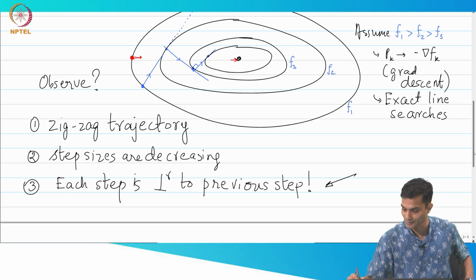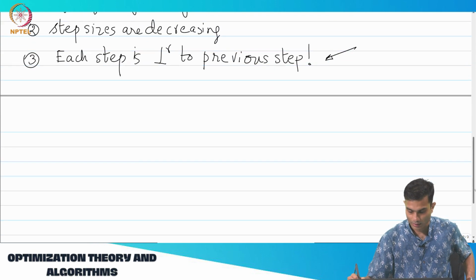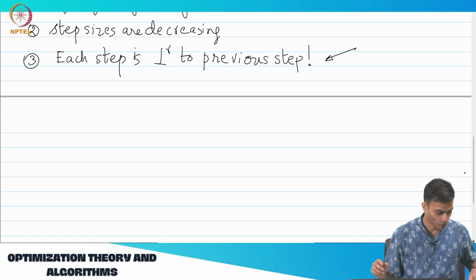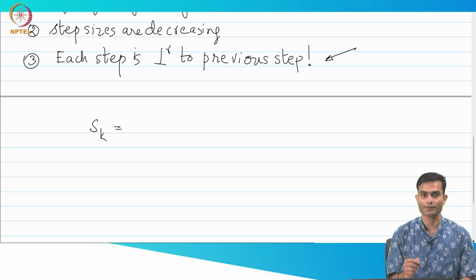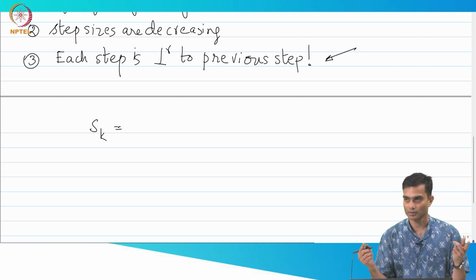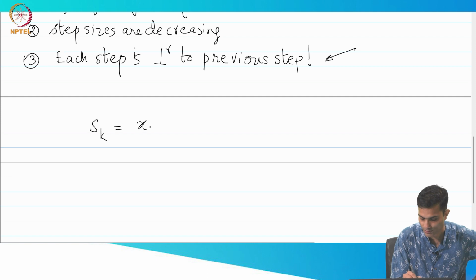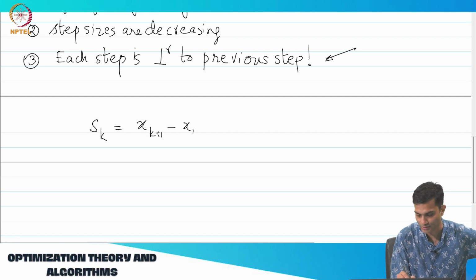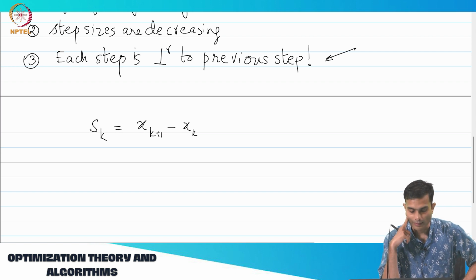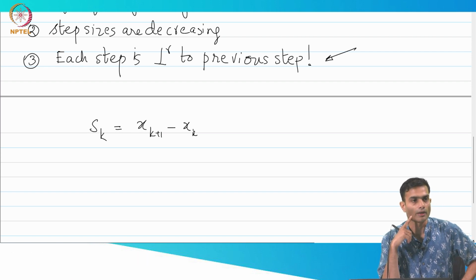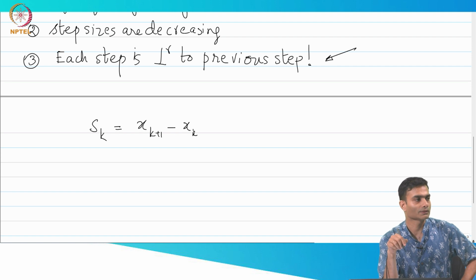Surprisingly easy proof. I'm going to write a shorthand notation for the step between 2 points. Sk is what I'm going to call it, which is simply this distance. Now, having written this Sk, in math, how will I write condition 3?